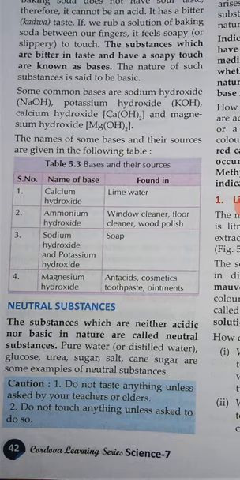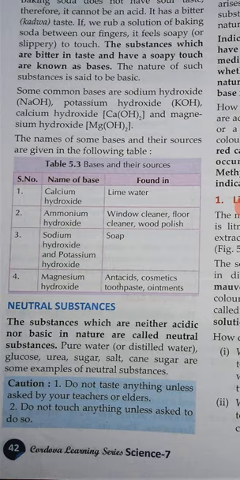But other than distilled water, take rainwater. This rainwater is not a neutral substance. Rainwater is actually slightly acidic, but of course it does not taste sour. Those things I will tell you later on. But remember that distilled water is neutral, but rainwater is not neutral, it is slightly acidic.